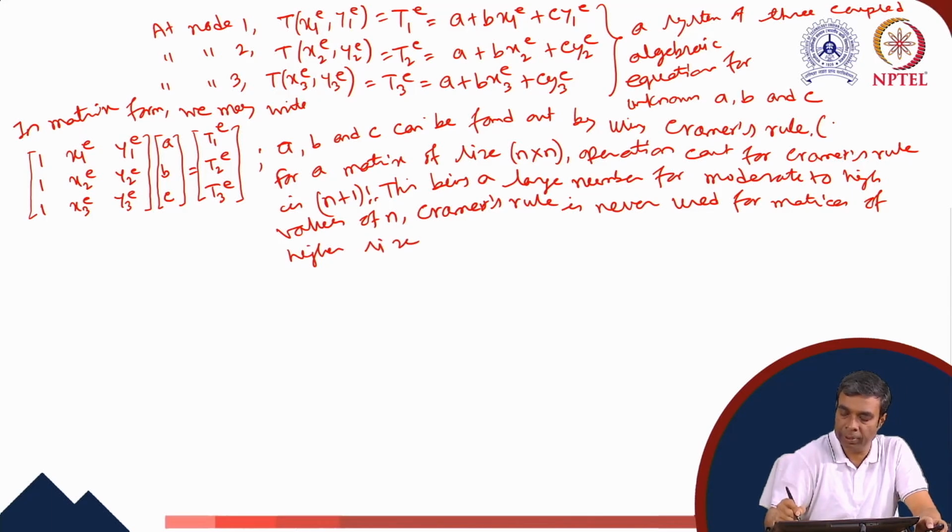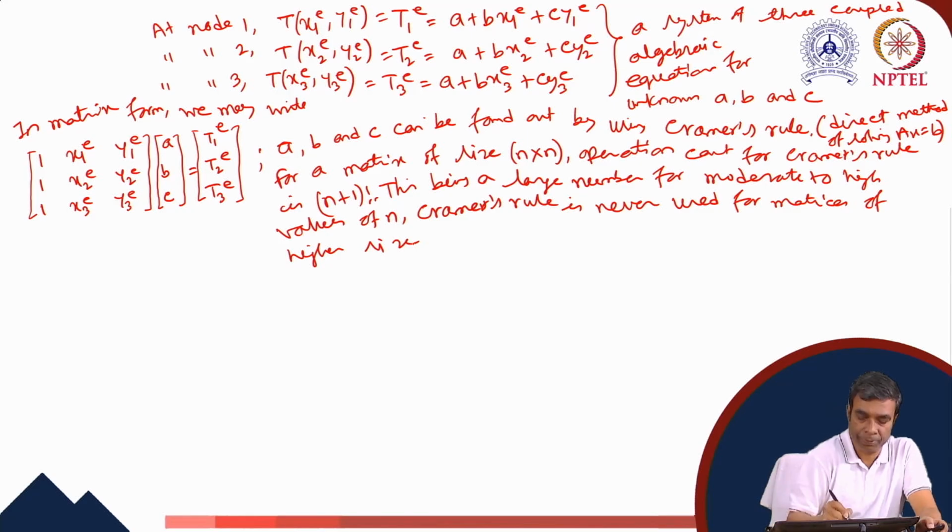So Cramer's rule is a direct method of solving the Ax equals B matrix equation system.